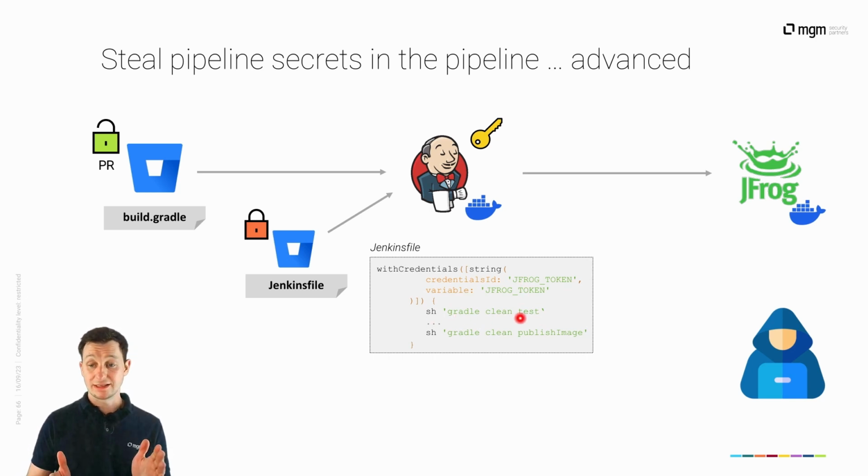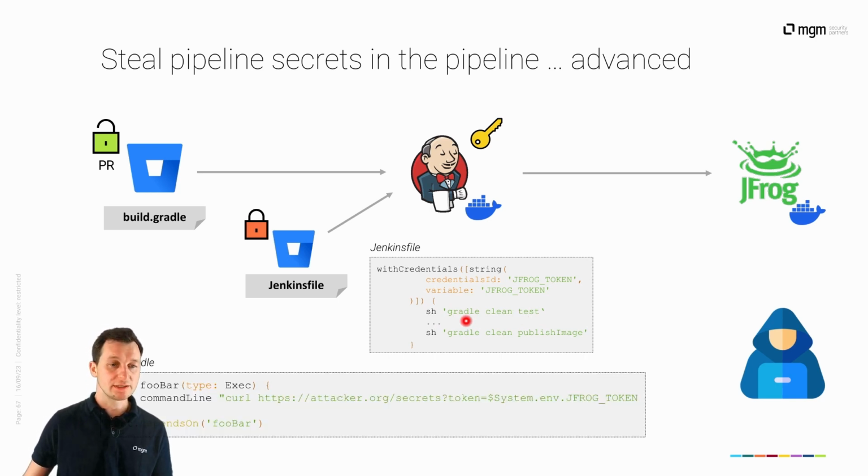So, if this is the case, what our adversary could do is then just define in the build Gradle, where he or she can overwrite or bring in new code, a new task that is sending this token to his or her server, and say the test step that is executed here depends on this step. So it has to be executed before.